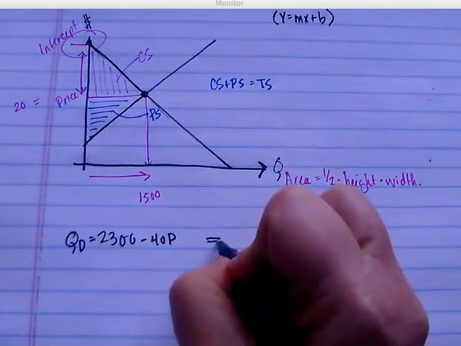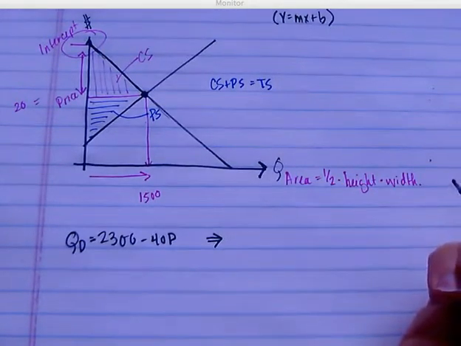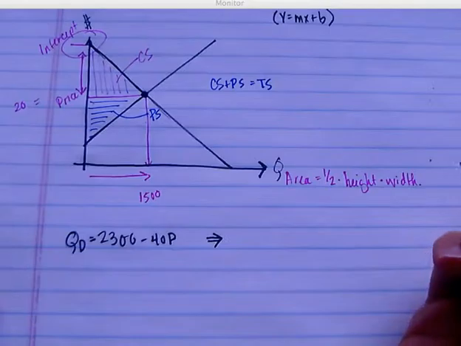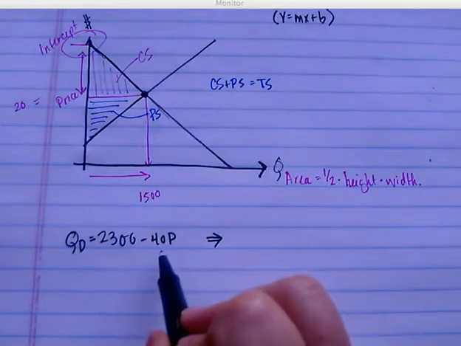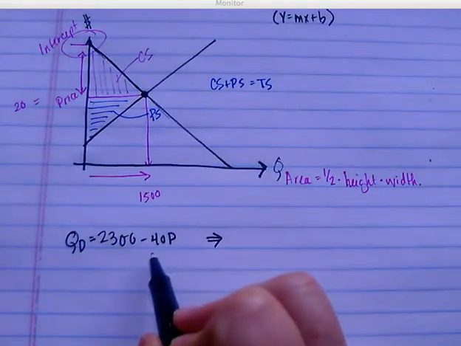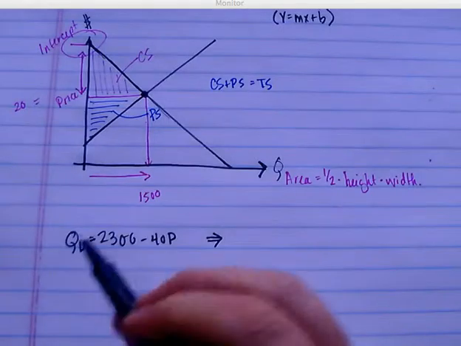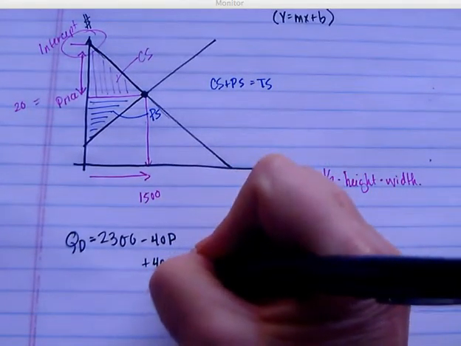That's the line where we can say this is the intercept and this is the slope. So we have to take our demand curve and get an inverse demand curve. How do we do that? We just want price to be by itself. Right now we've got a negative term on the right-hand side, so we add 40p to both sides.